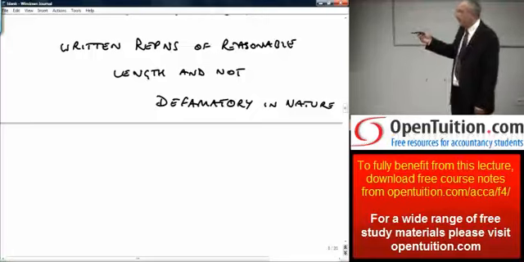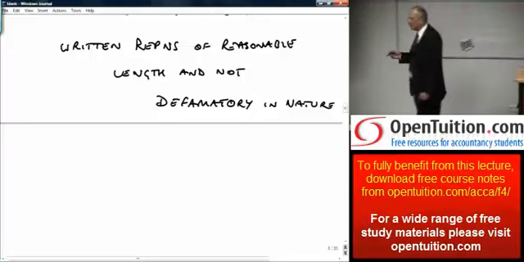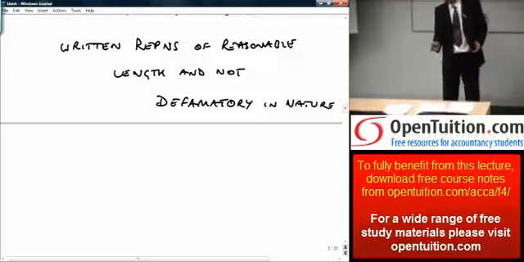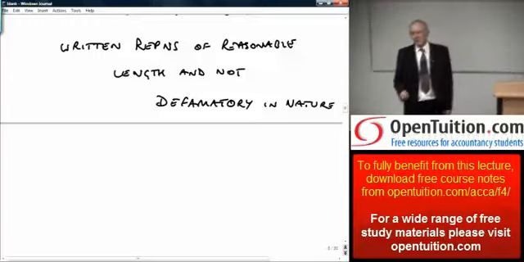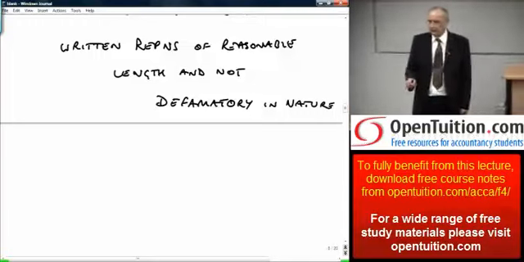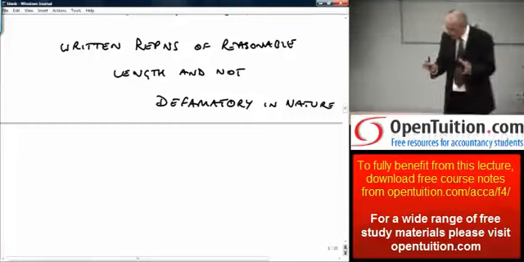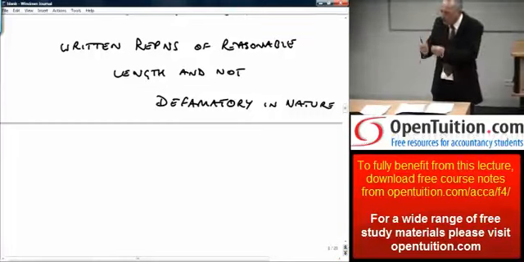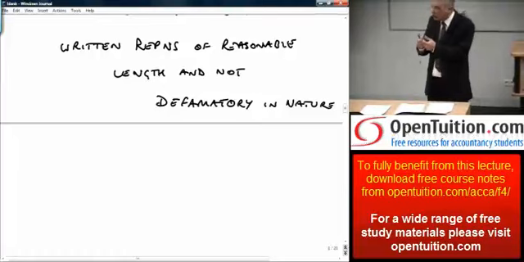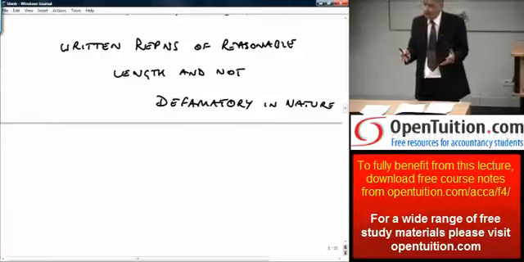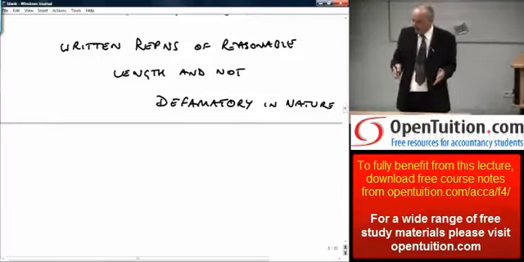These directors, when they are proposed to be removed, have got the opportunity to make their written representations of reasonable length, so long as they're not defamatory. Now, the company is the one who decides, because he's going to write these representations out and give them to the company. The company or the directors will read these representations and ask themselves, is this defamatory?